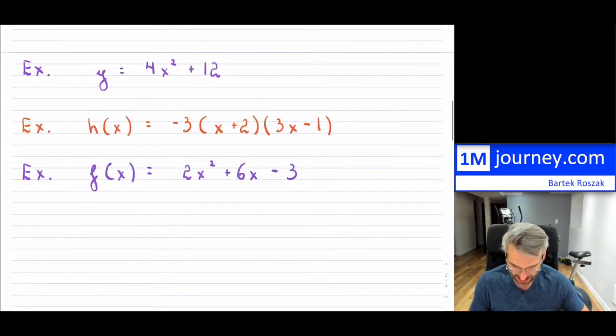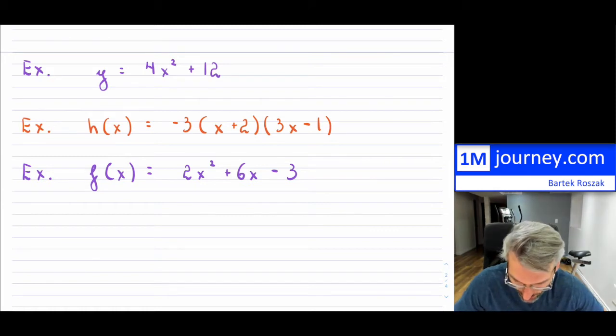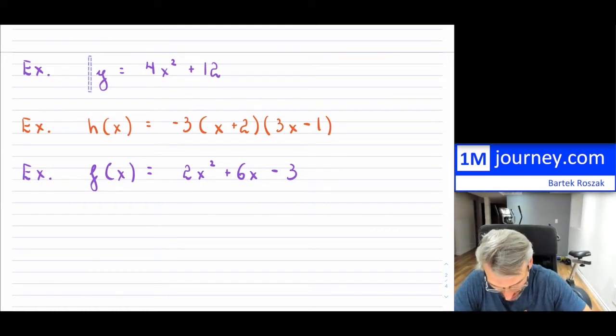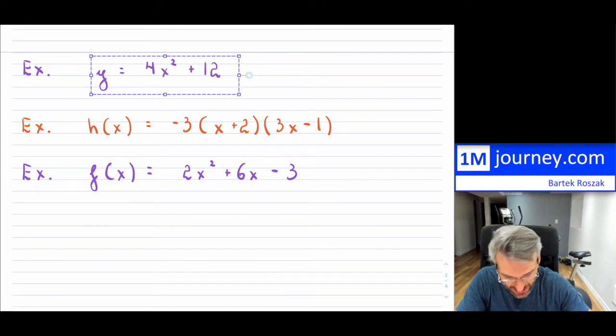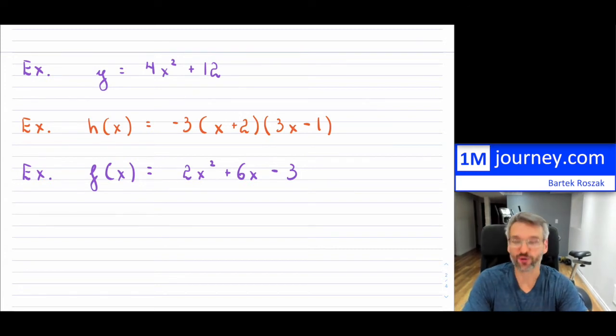So here are three examples. The first one that we have right here is y equals 4x squared plus 12. This is kind of given as a relation, not really as a function. But in this particular format, this is actually already in our favorite form, which is the vertex form.